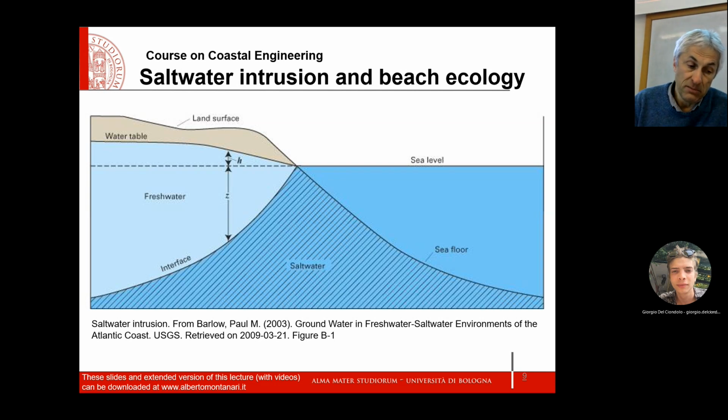It is basically a very important resource that we may lose. Saltwater intrusion is a problem here on the coast of the Emilia-Romagna region, which is a permeable coast, and there is also a massive use of water, both surface water and groundwater, for civil and agricultural purposes. So this is indeed something that needs to be monitored.